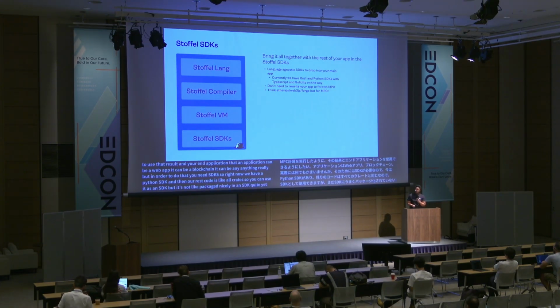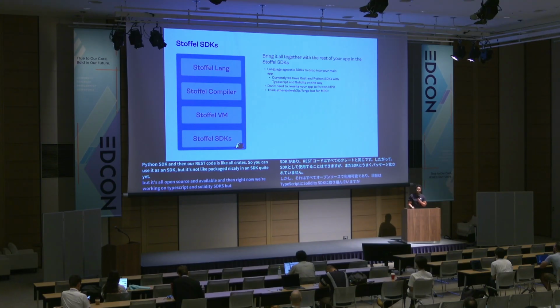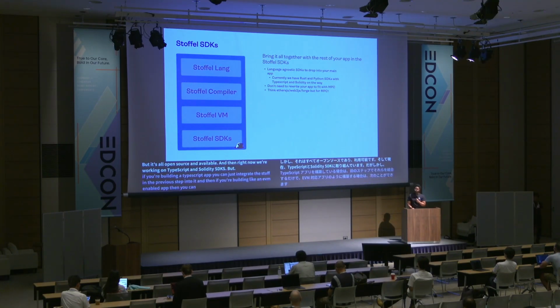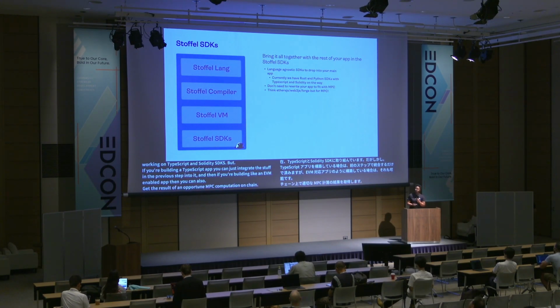But it's all open source and available. And right now we're working on TypeScript and Solidity SDKs, so that if you're building a TypeScript app, you can just integrate the stuff in the previous step into it. And if you're building an EVM-enabled app, then you can also get the result of an off-chain MPC computation on-chain.